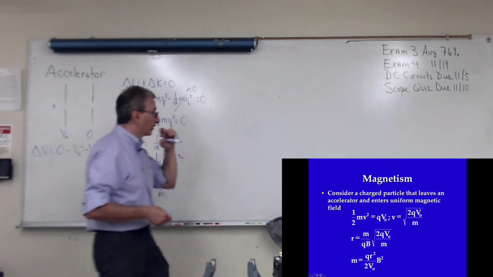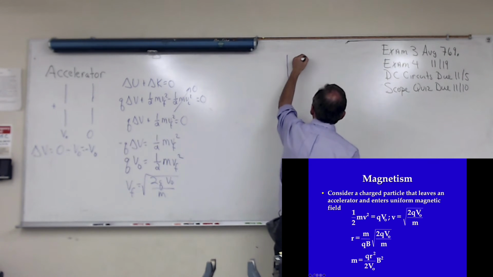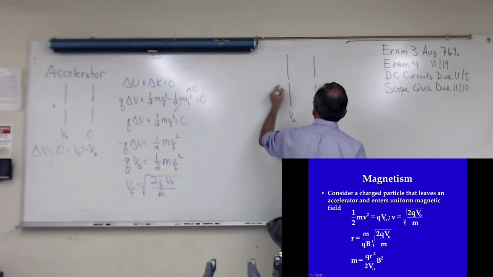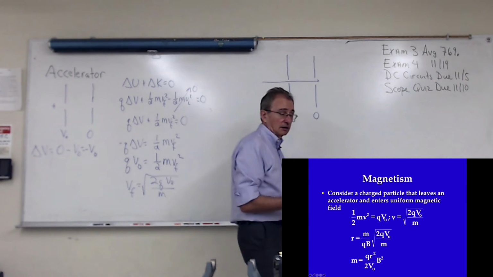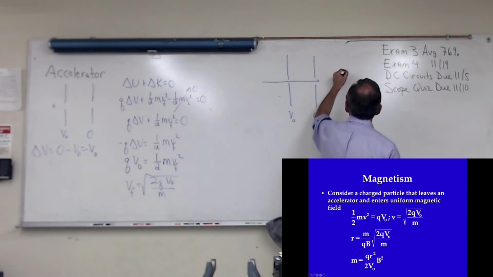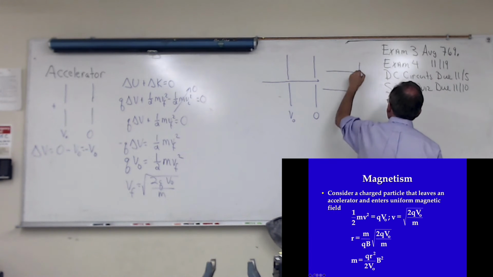So let me redraw this, because I wrote a bunch of equations. So the particle comes out like this. And we can have a velocity selector if we want here. Okay, that's fine. But now I'm going to send it into a magnetic field.